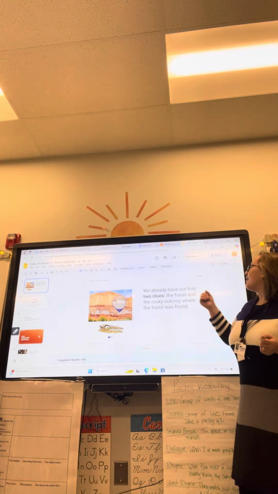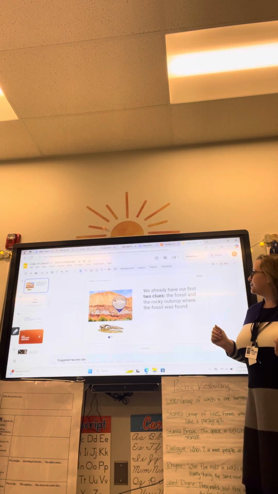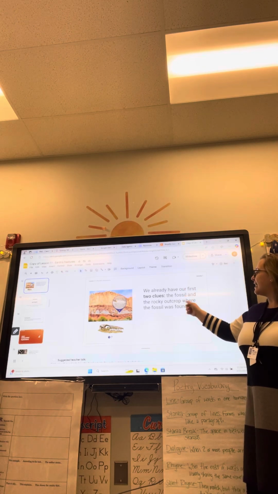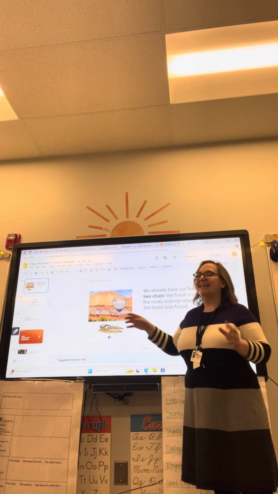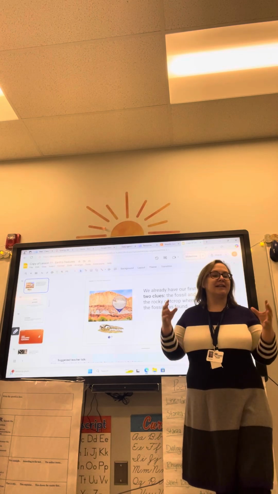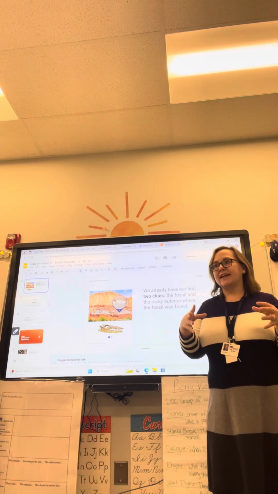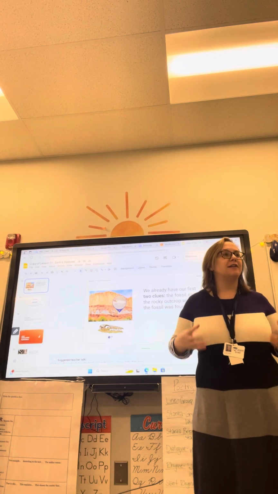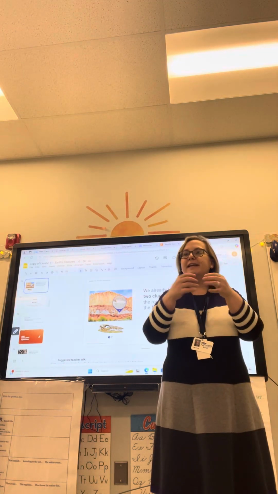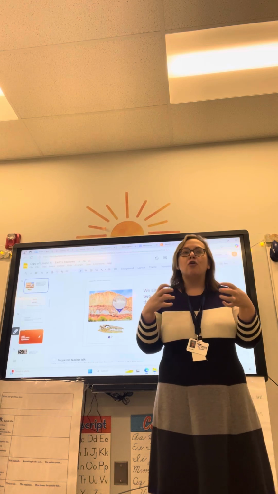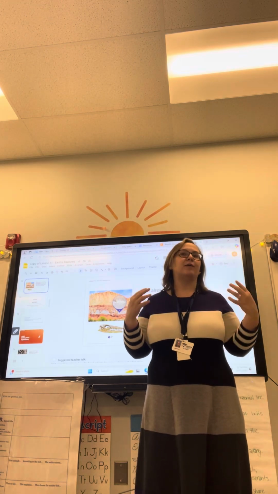Thank you. We already have our first 2 clues, the fossil and the rocky outcrop where the fossil was found. So a fossil is a piece of kind of decayed animal. It's an animal or a piece of an animal that has been there for a very, very long time, to where all you see left is kind of like a rock and maybe an imprint of that, or maybe some bones, right? You don't see the actual animal.